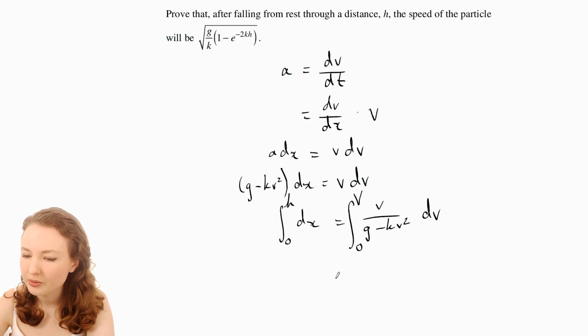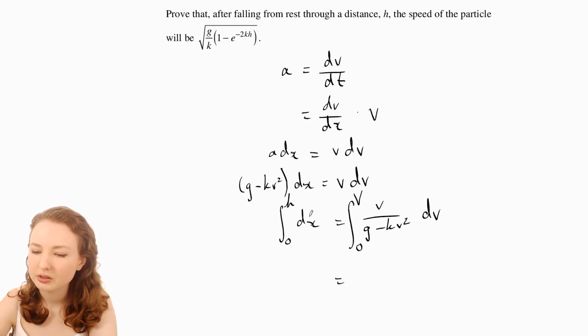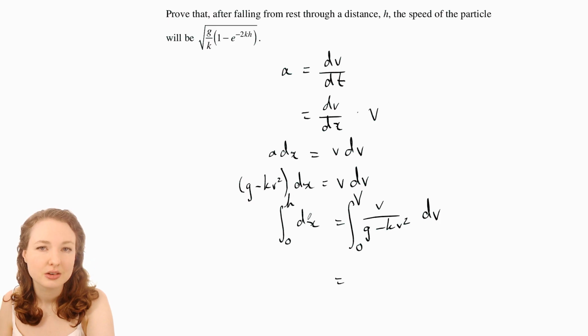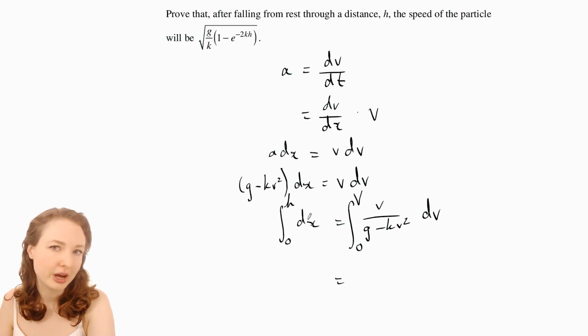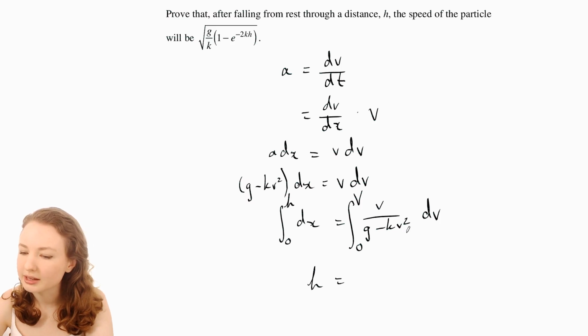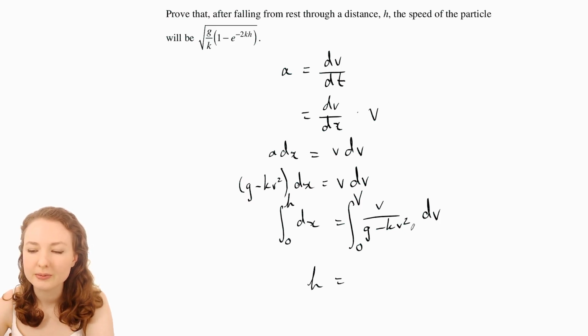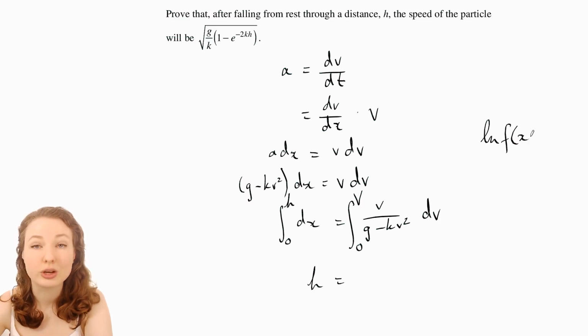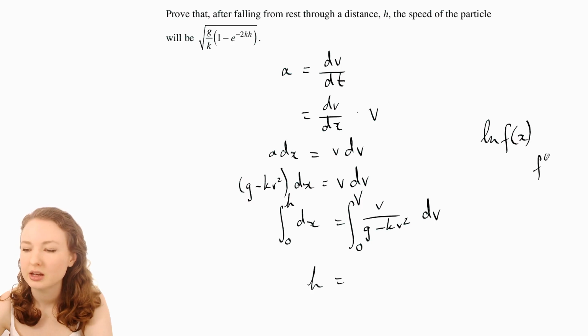Okay, so on the left, that integral is just x. So you've got x from 0 to h, that's just h. And then on the right, we've got something that looks a bit like, if you've got ln f of x, when you differentiate that, that makes f prime of x on f of x.